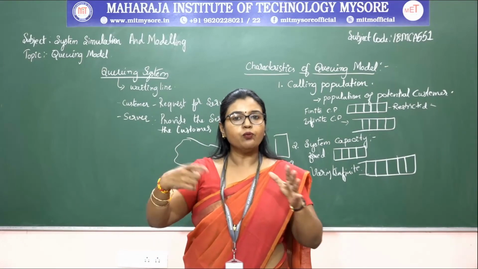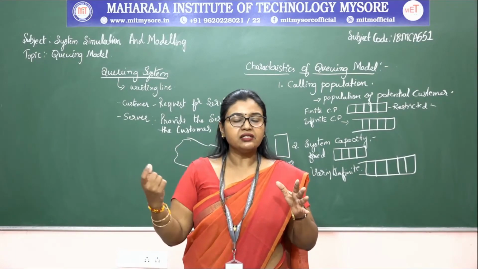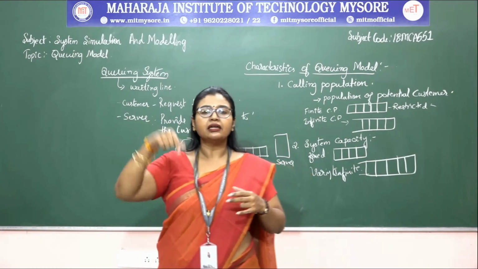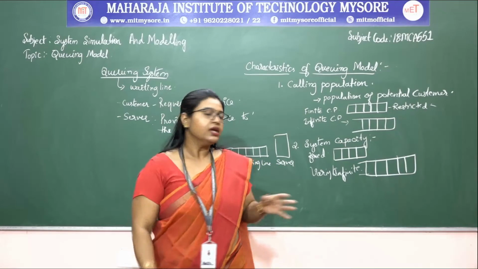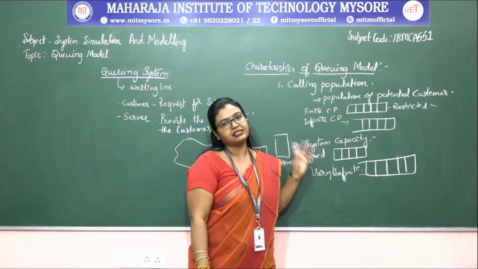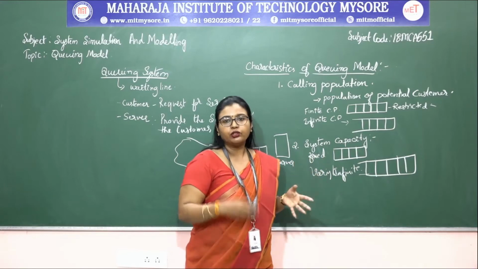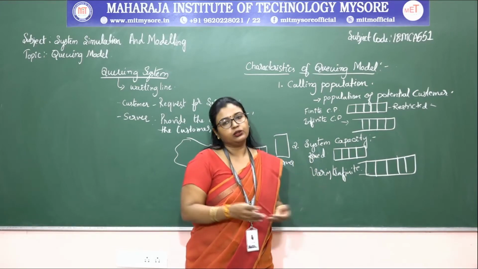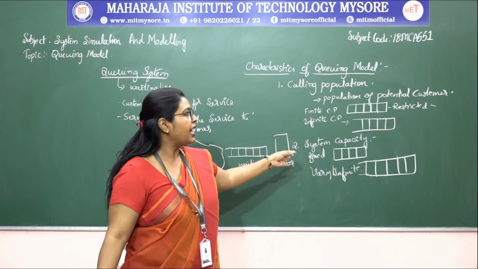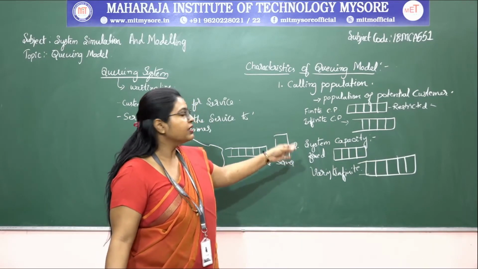So once any one of the car gets serviced, then it is able to place the another car into that particular place. Okay, so that is the finite and the infinite capacity of the system. So otherwise, so even though they are waiting in the queue, so it doesn't matter. Okay, so this is about the calling population and the system capacity.